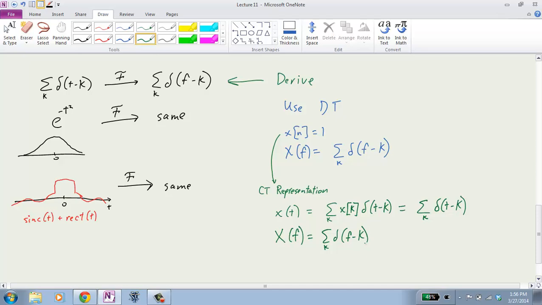All we would do is, remember, we're trying to prove that these are a pair in continuous time. We'd say, well, let's take x of t, which is periodic, and put it into the Fourier series. No problem with that. And there's, in fact, no problem evaluating the explicit integral to figure out what the Fourier series coefficients are. If I stick this into a Fourier series, can anyone tell me what the coefficients are going to be? Yeah, they'll all be ones, because the Fourier series says integrate over one period.